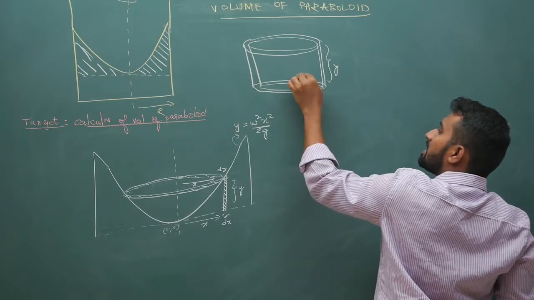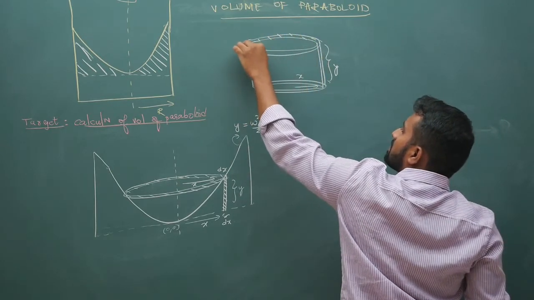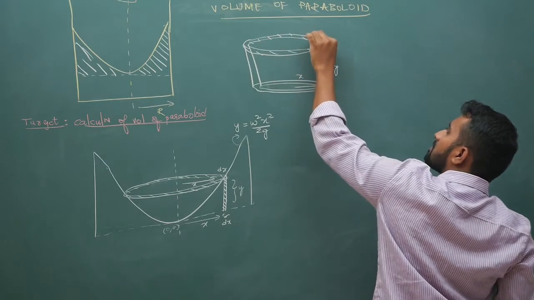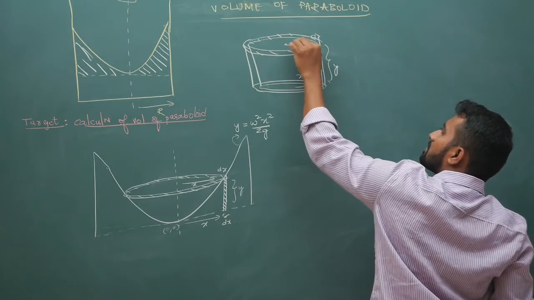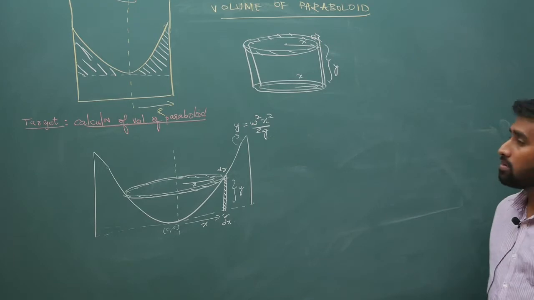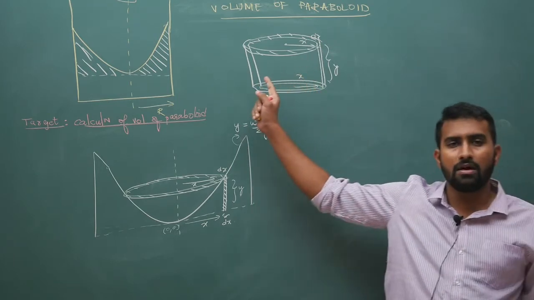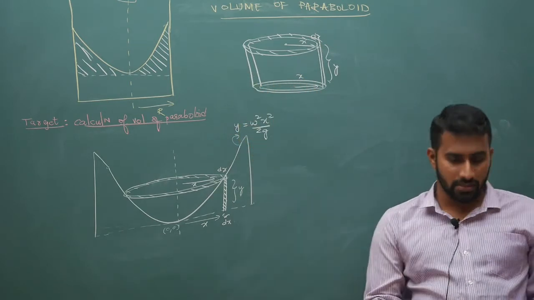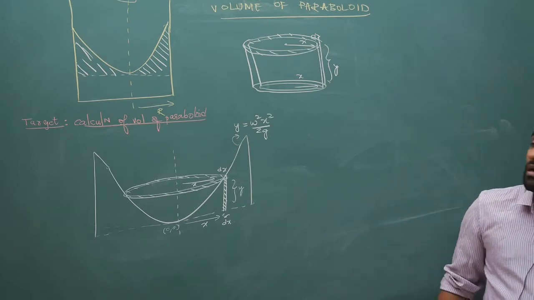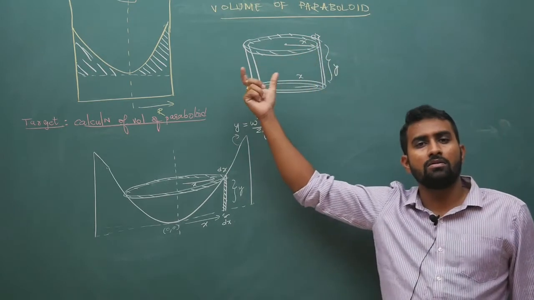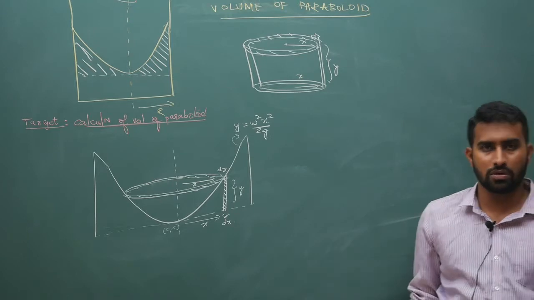This distance is x, width is dx. Now for this small peel off layer, if I define my small volume dV and integrate it, I am going to get the total volume.